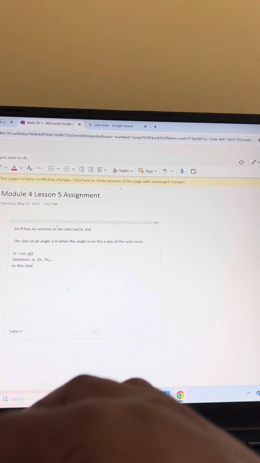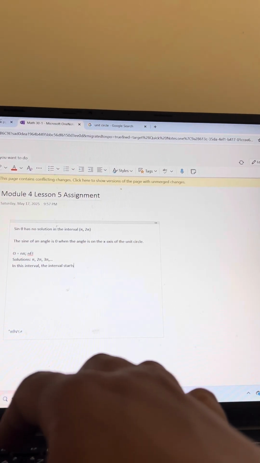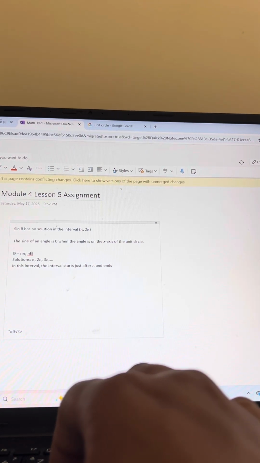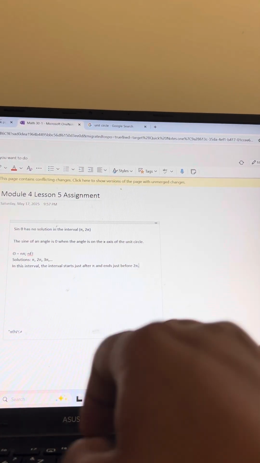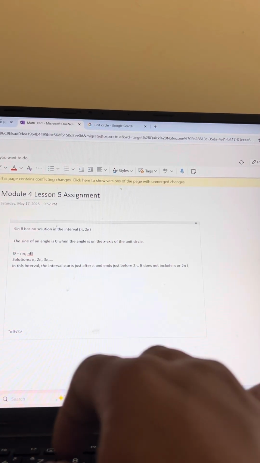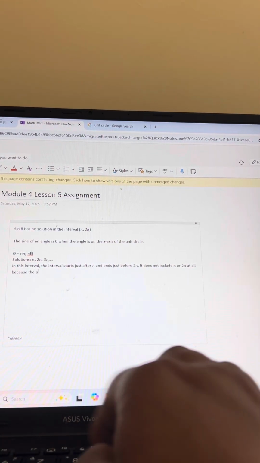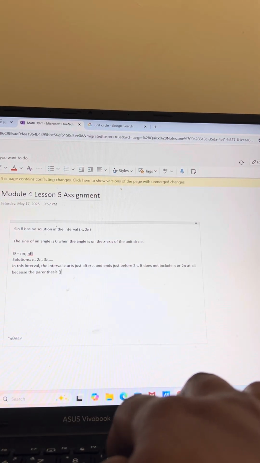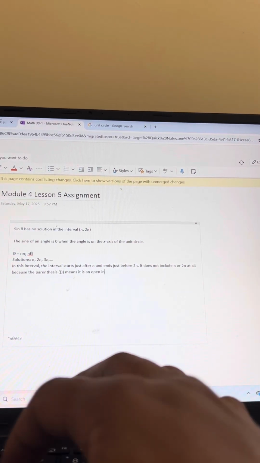In this interval, the interval starts just after pi and ends just before 2 pi, and it does not include pi or 2 pi at all, because the parentheses mean it's an open interval.